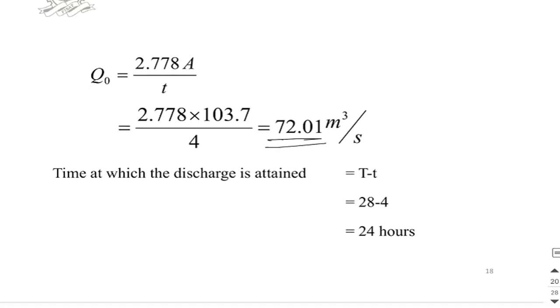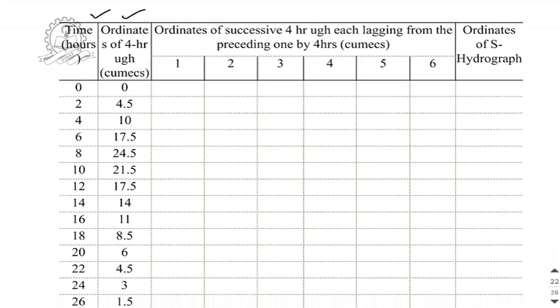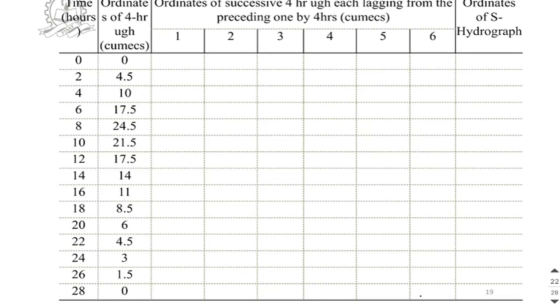So consider a table like this. These are the given data: ordinates of successive 4-hour unit hydrographs, each lagging from the preceding one by 4 hours.